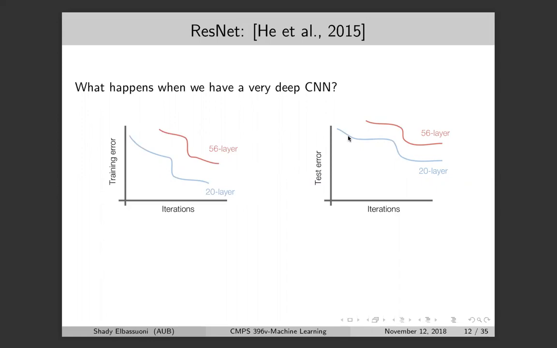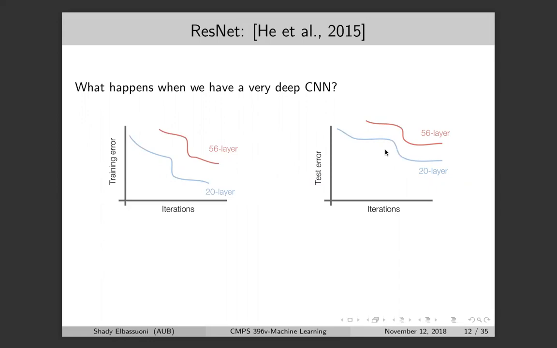The more layers we have, the more the error. Exactly. So the one on the left is the training error, and on the right, the test error. It doesn't really generalize well. So you guys said two very good points.